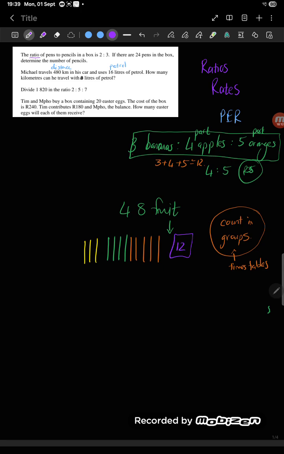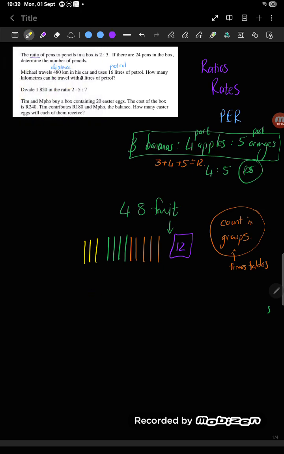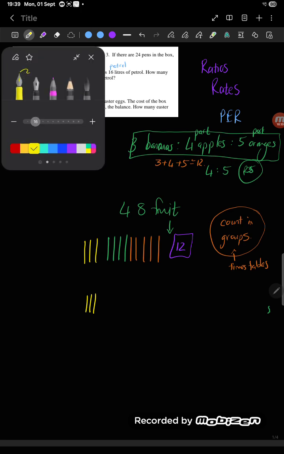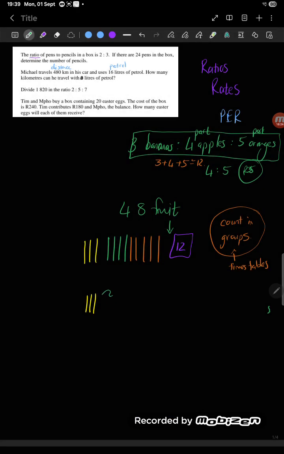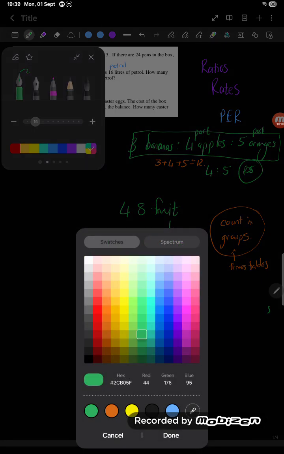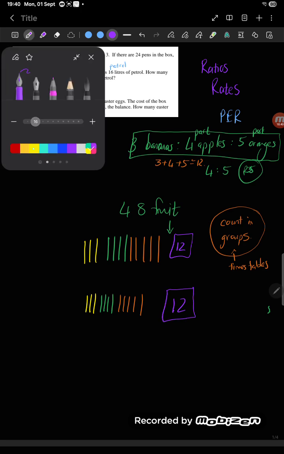Now I can draw that out a few times and go, okay, we counted to 12. Let's do this again. 1, 2, 3, 4. And then I've got 1, 2, 3, 4, 5. Cool. Now I've got another 12, which is 24. I know you know what direction this is heading in.